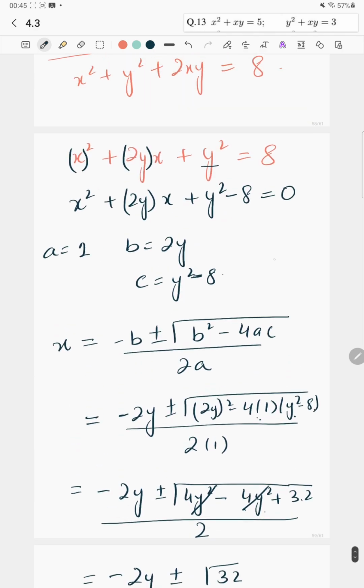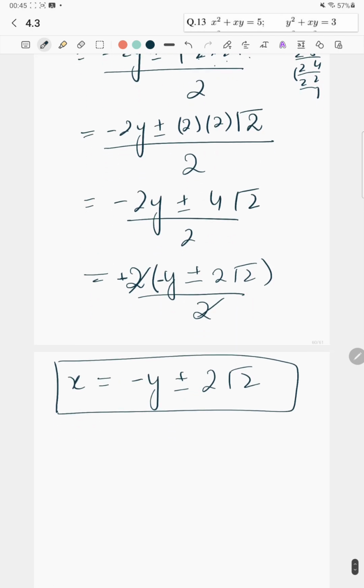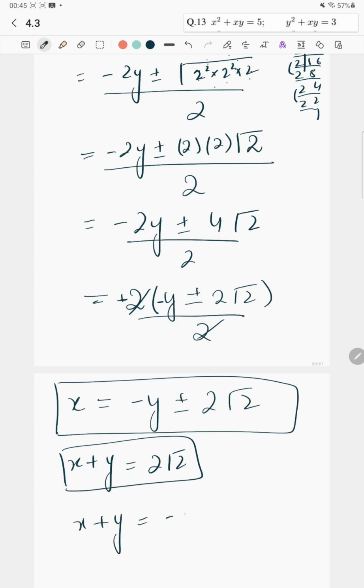So x is equal to minus y plus minus 2 square root 2. So x plus y is equal to 2 square root 2, and x plus y is equal to minus 2 square root 2.